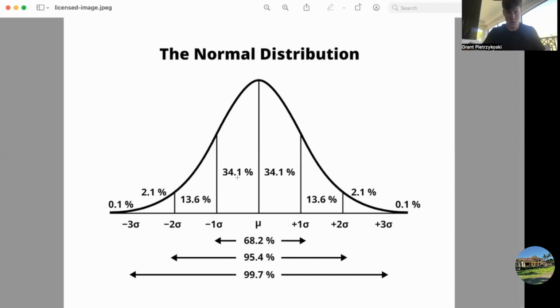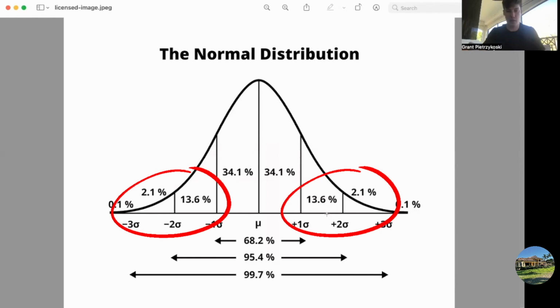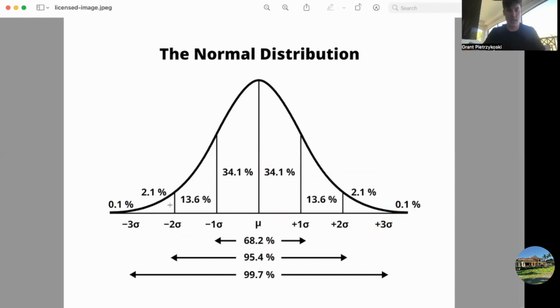So using statistics, we always have a 68.2% chance of the stock price staying within the implied move. Now, if we have a stock move more than the implied move, that falls into these categories, and we call that an outlier move or tail move.